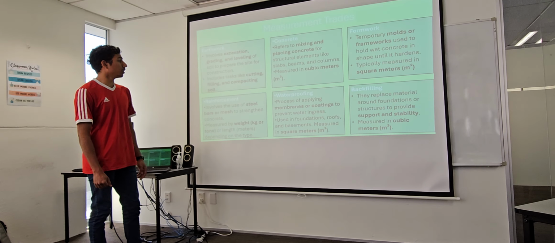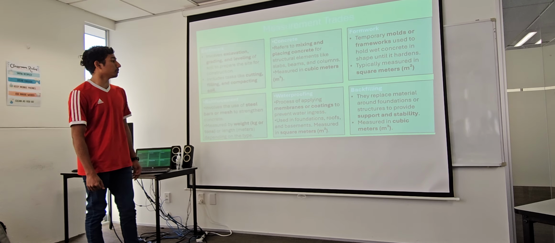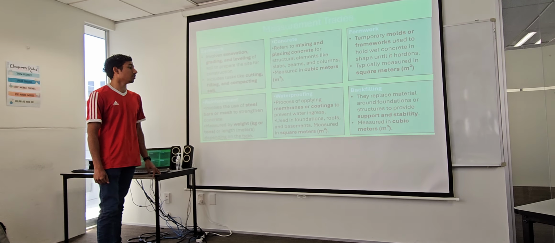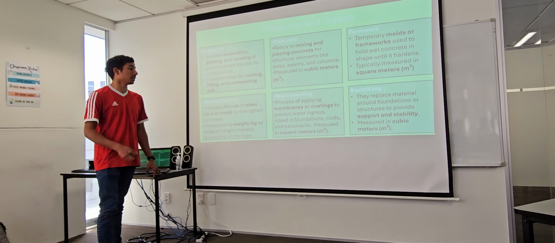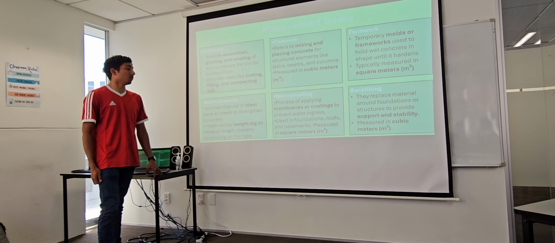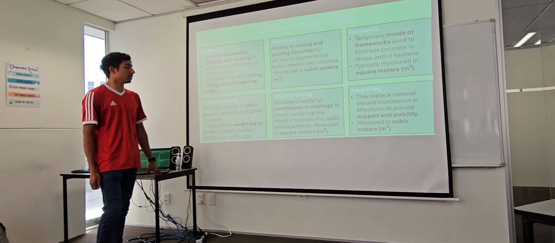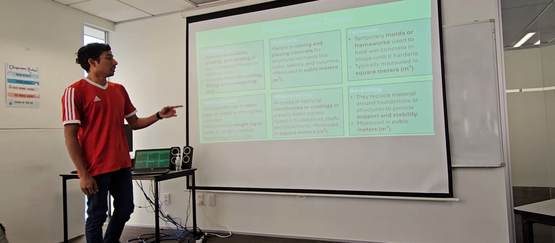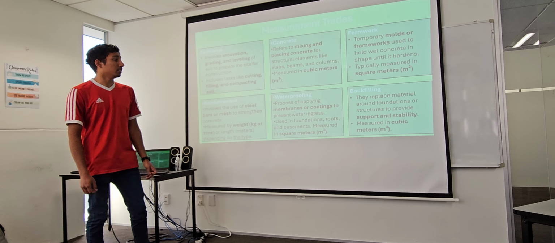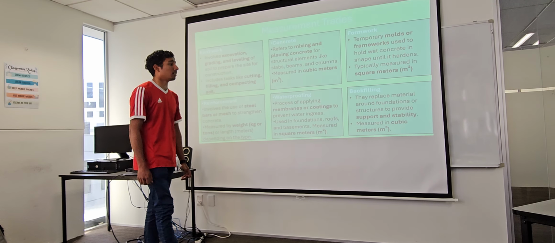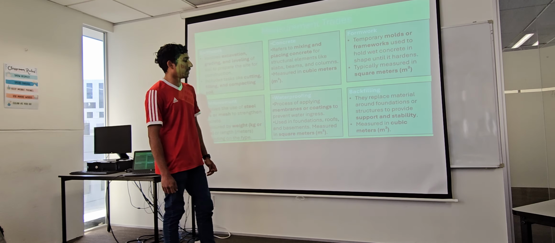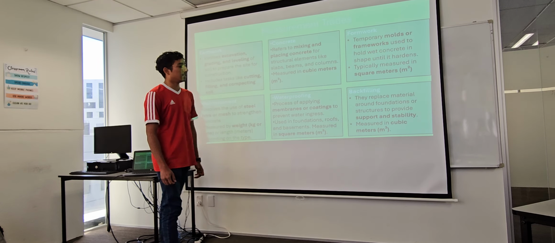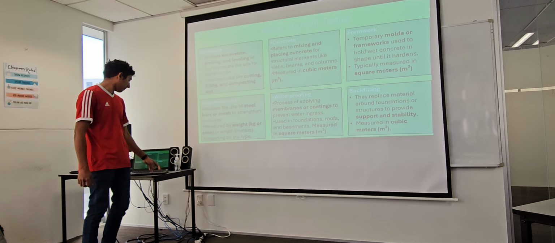The fifth one is waterproofing, which is the process of applying membranes or coatings to prevent water ingress. They are used in foundations, roofs, and basements, and they are measured in square meters. The last one is backfilling, where they replace material around foundations or structures to provide support and stability, and it is measured in cubic meters.